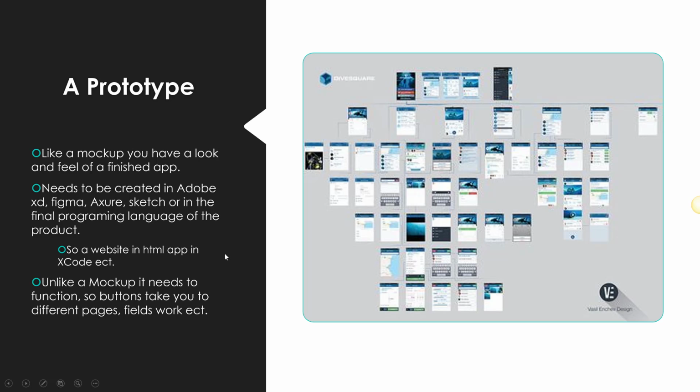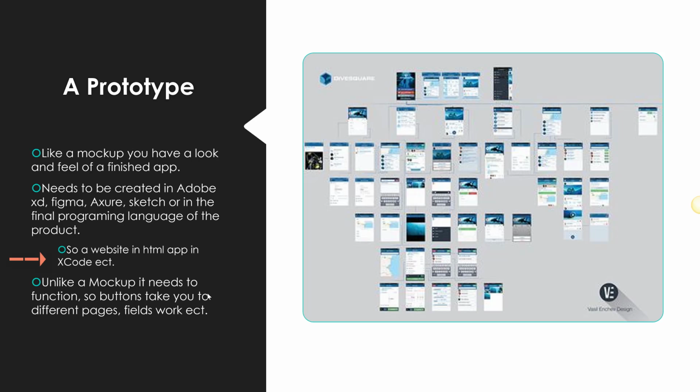Finally, a prototype is very much like a mockup. It has to have the look and feel of the finished app, but it also needs to be interactive. Now, if you don't want to code, you can do this in Adobe XD, Figma, Axure, Sketch, or any other software that allows you to create interactivity. On the other hand, if you are a web developer and HTML and CSS is your second language, and you're fluent, go for it and build your prototype in HTML and CSS.